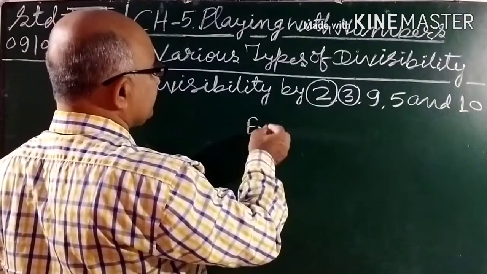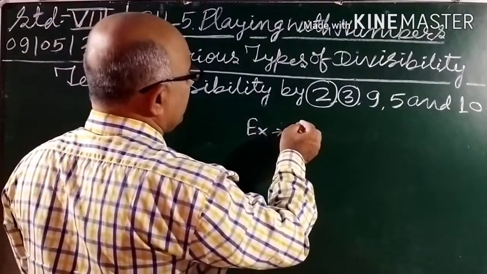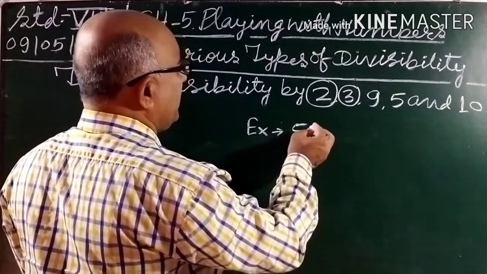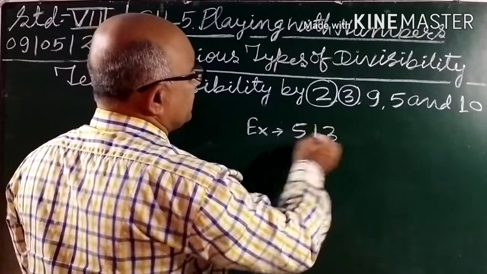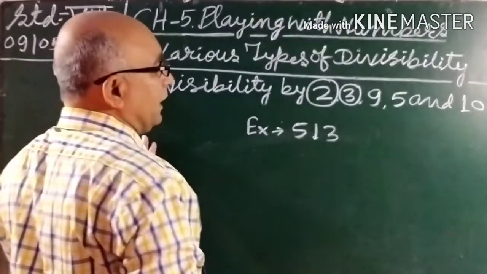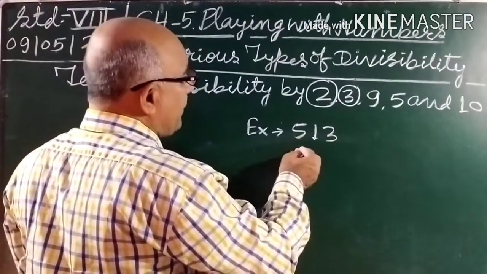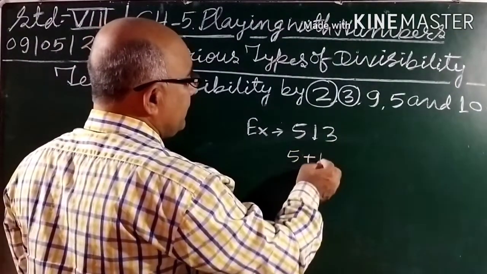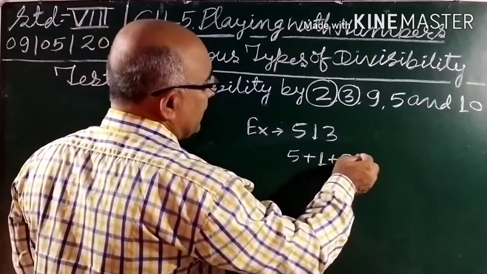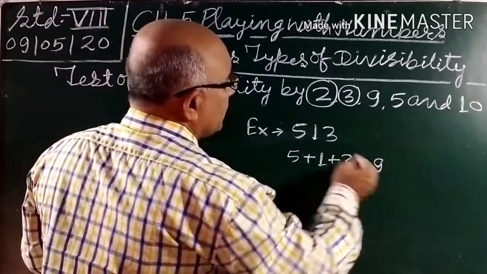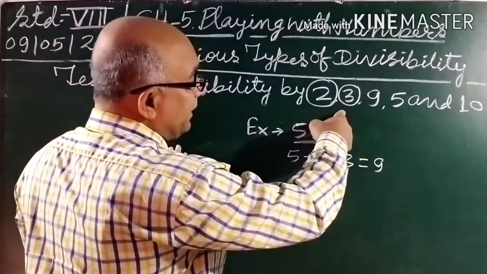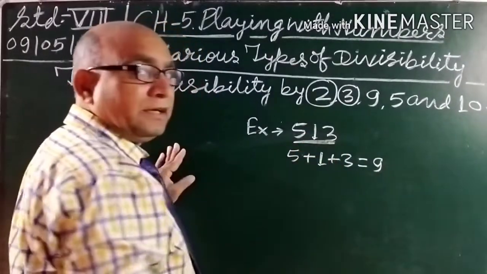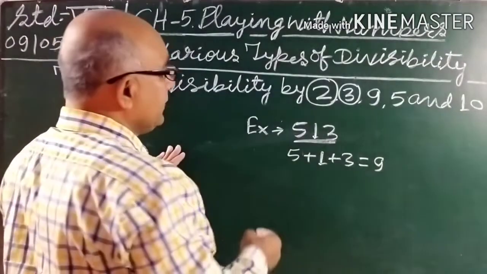Example: 513. Sum of its digits is 5 plus 1 plus 3 equal to 9. So 9 is divisible by 3. Therefore 513 is also divisible by 3.